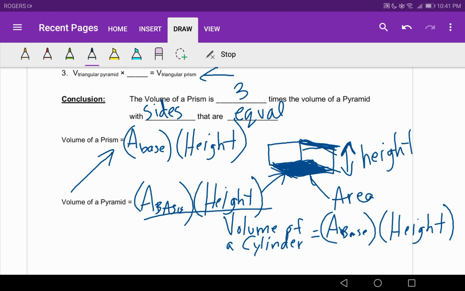So you take that and divide by 3. For any pyramid, you take the area of the base, multiply it by the height, and then divide it by 3. If we can remember these two and this general formula, that's going to be a big help.